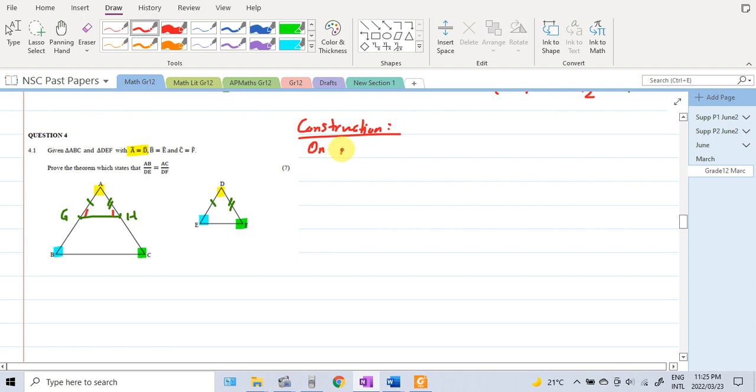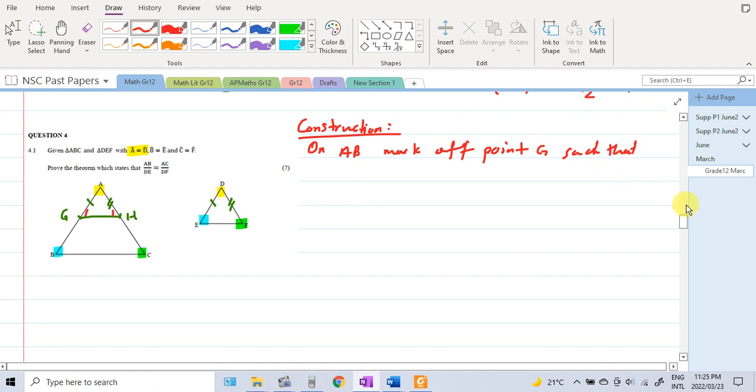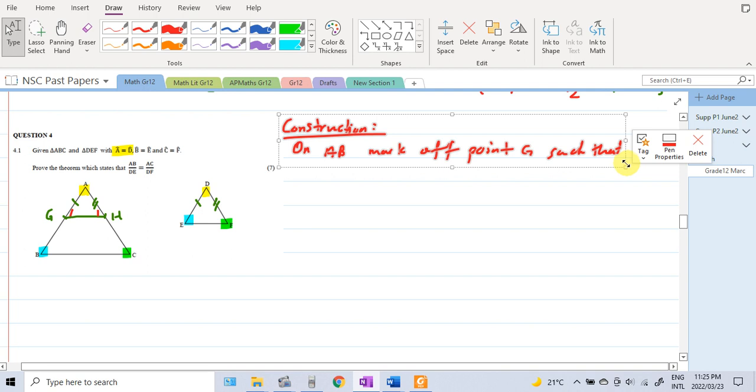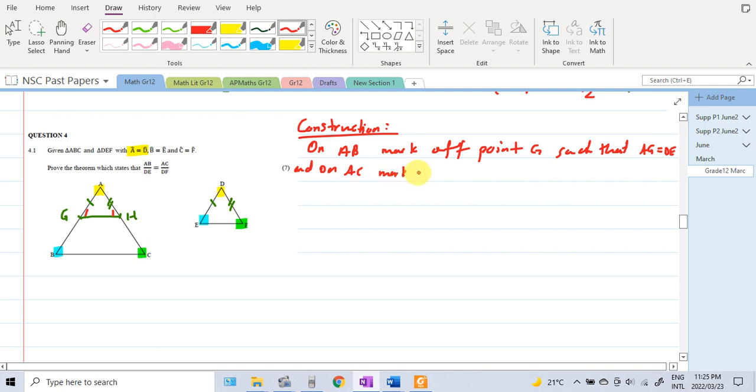On AB, mark off point G such that AG is equal to DE, and on AC, mark off point H such that AH is equal to DF.